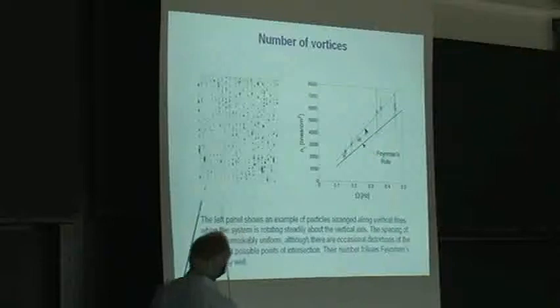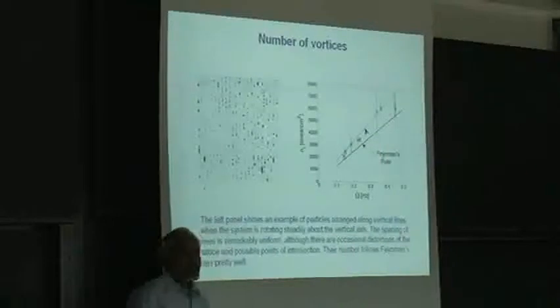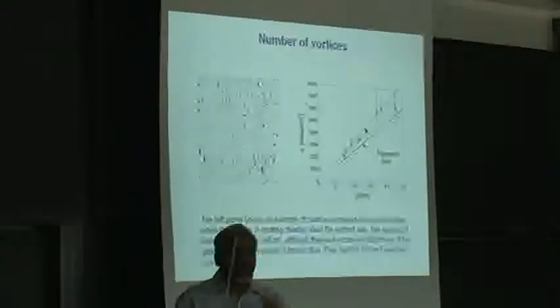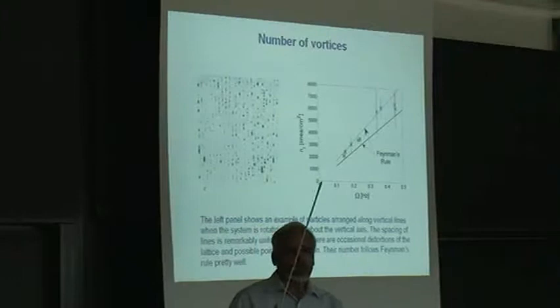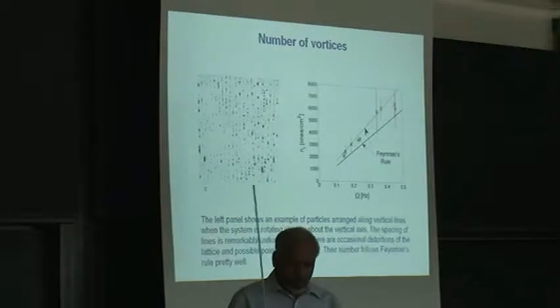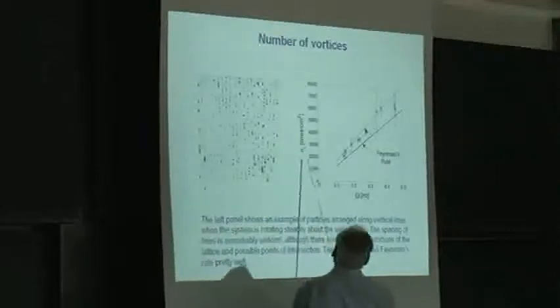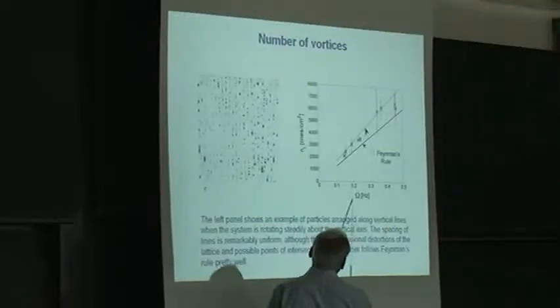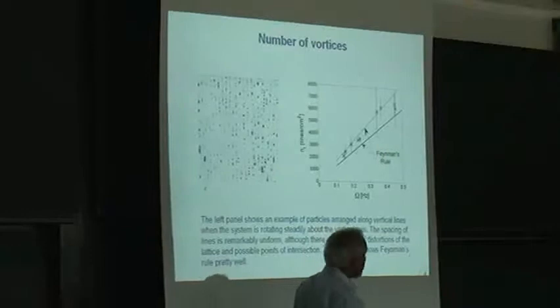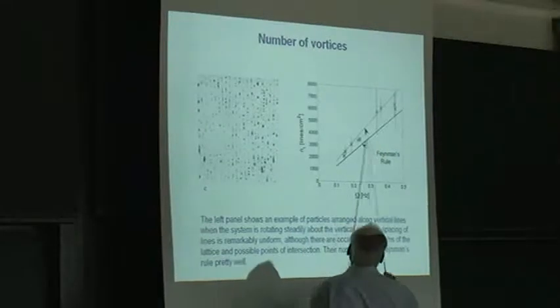And what is more, the number of these vortex lines will have to increase as you spin up the apparatus more and more, because the angular momentum will have to be balanced, and in fact the relationship is linear. And Feynman actually worked out what the relationship must be. The number of vortex lines is a function of the rotation of the apparatus, and this was his line.